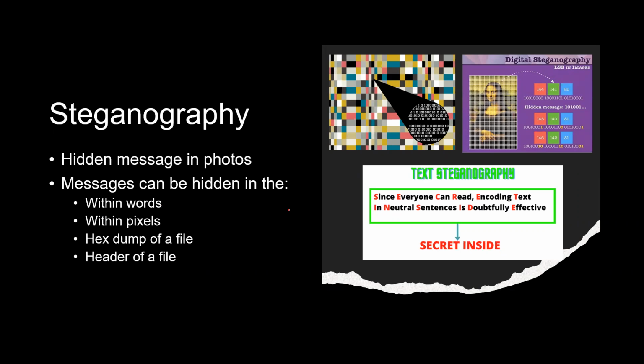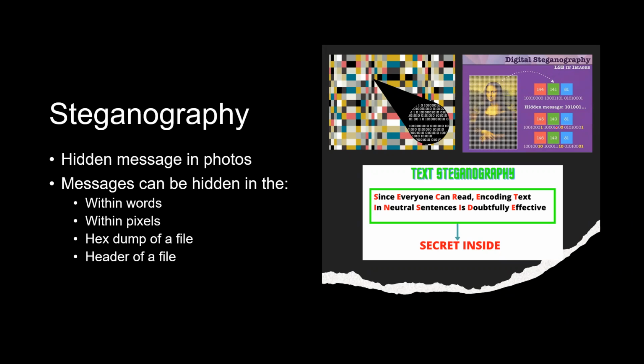But steganography has messages hidden in photographs or any text. There's also text steganography, much like you see here, with the messages being hidden in the words. Every capital letter is actually part of the secret message. Within every pixel, as you see here with the Mona Lisa, it can have a hidden message in there.